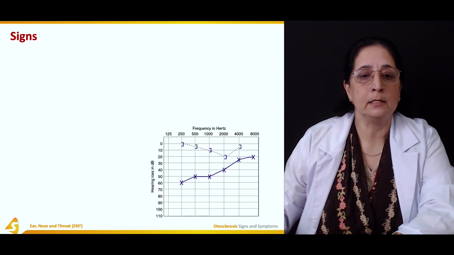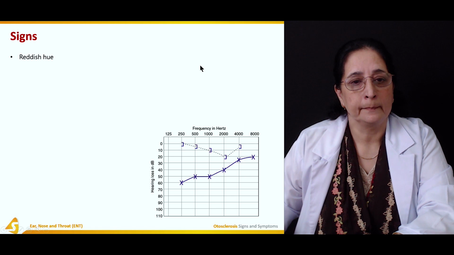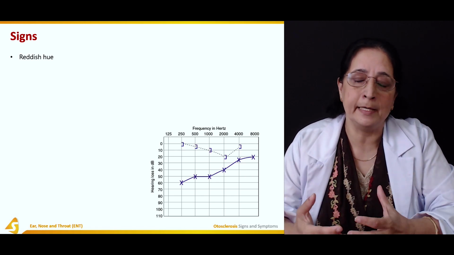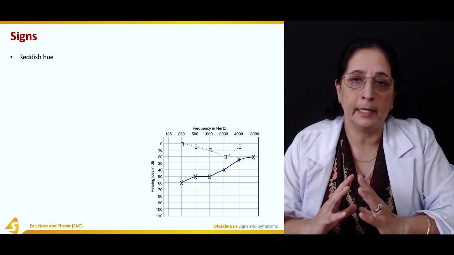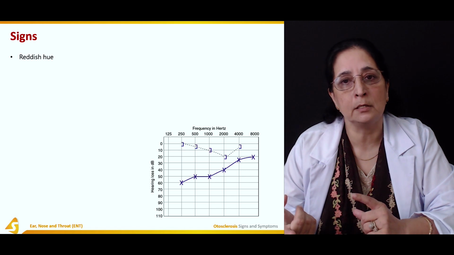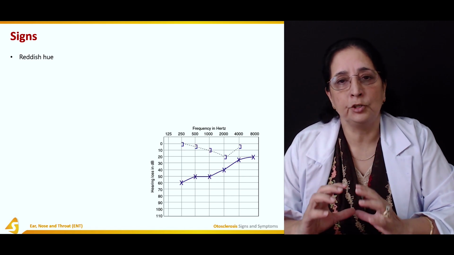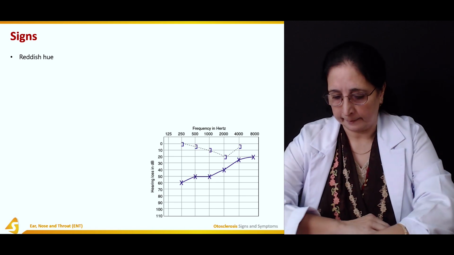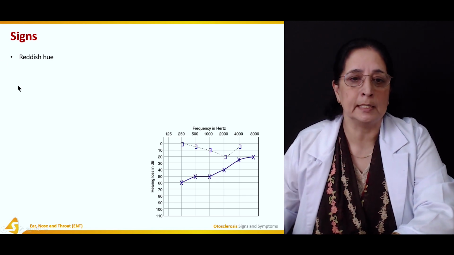Next, the signs of otosclerosis. There is a reddish hue. Now, all these are findings which the doctor can see on examination. We already mentioned there is a chalky, white, yellow, reddish appearance. So, reddish hue is present.